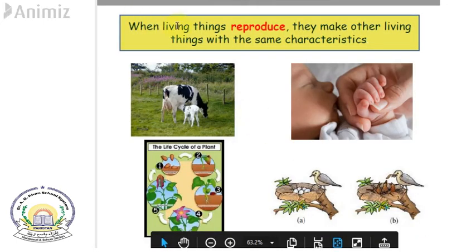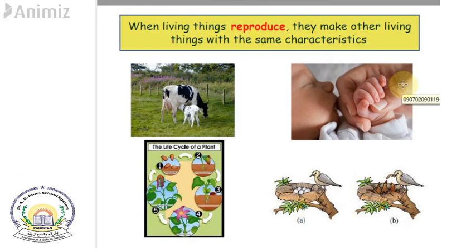So, when living things reproduce, they make other living things with the same characteristics. When a human baby is born, it will have the characteristics of humans. It will not have the characteristics of animals. When a bird's babies are born, they will have the characteristics of the bird. For example, it can fly, but a human being cannot fly.